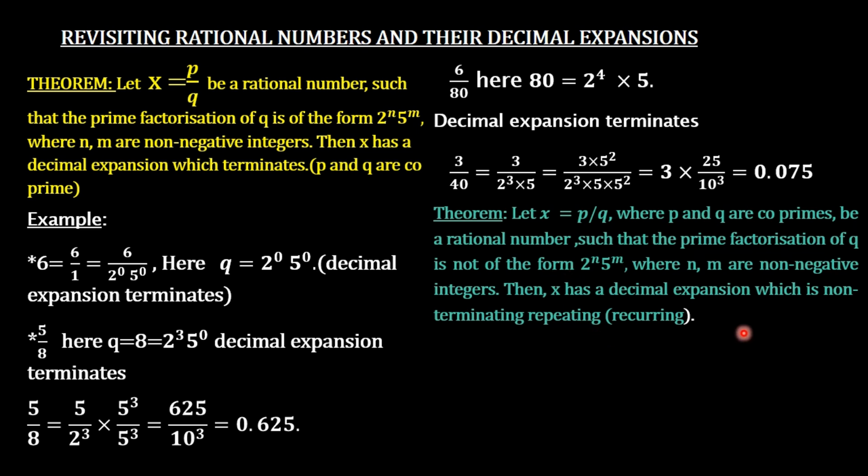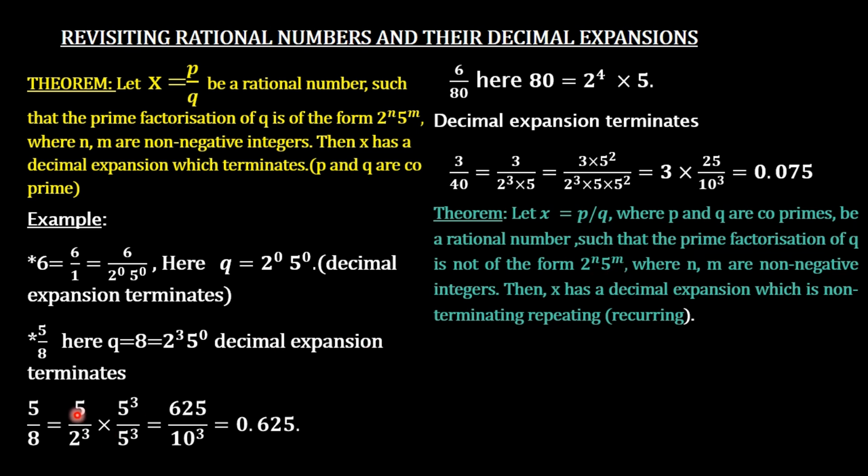That is, x has a decimal expansion which is non-terminating but recurring. Why is it recurring or repeating? Since it is a rational number. So if we have some prime factor like 3 in q, then it has a non-terminating recurring decimal expansion if it is a rational number.